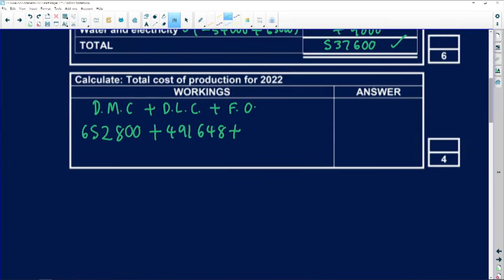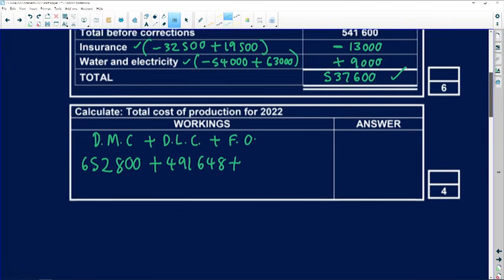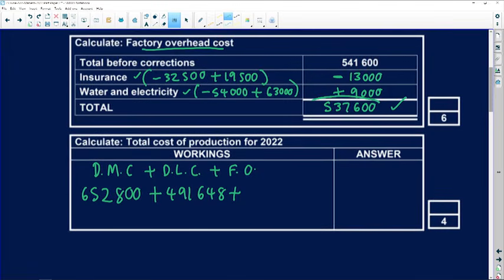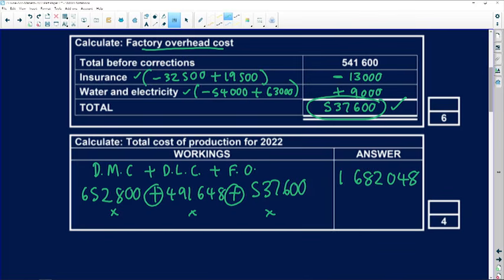Plus factory overheads, what we worked out a few seconds ago, plus 537,600, and that should give us, if we add these three amounts, our total cost of production should be an amount of 1,682,648 Rand. Right, so that is total cost of production.